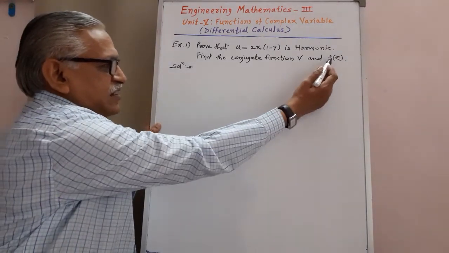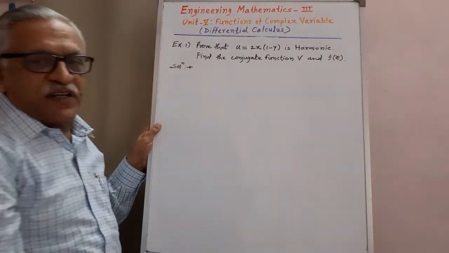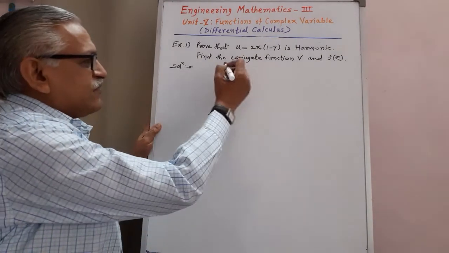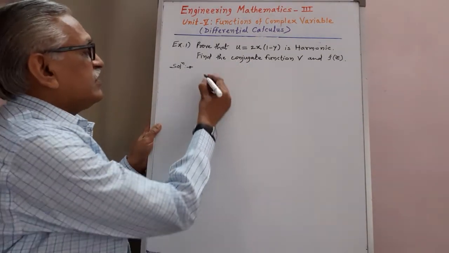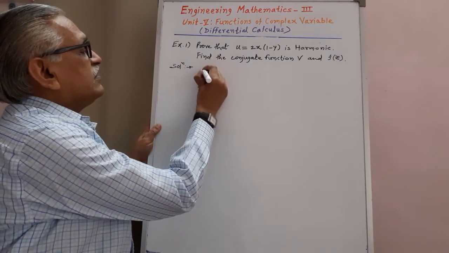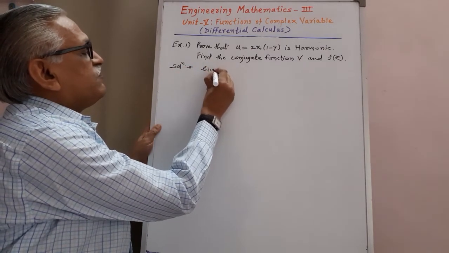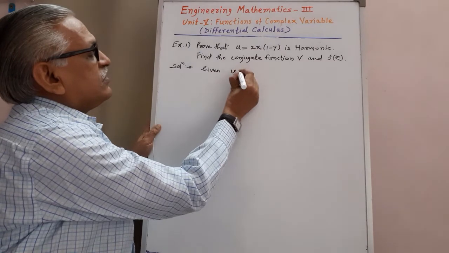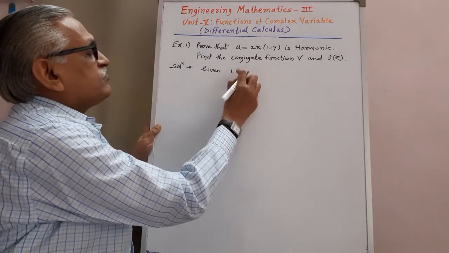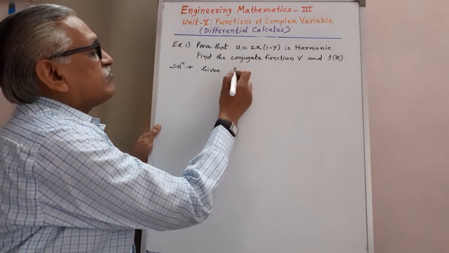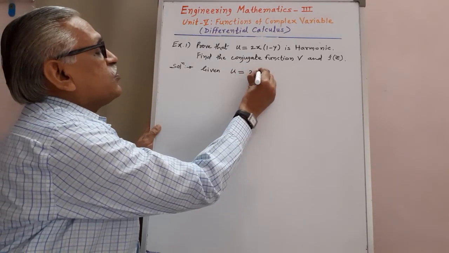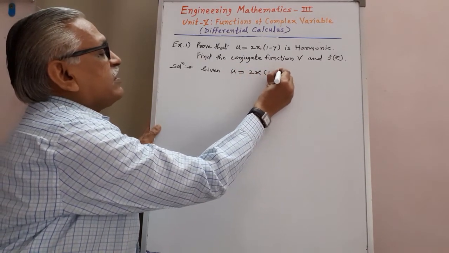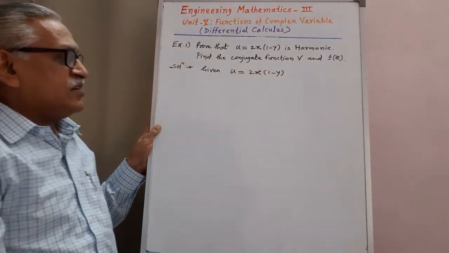Second part, find f(z), and using that f(z), get the conjugate function v. Here given is u = 2x(1 − y), which is a function of x and y.